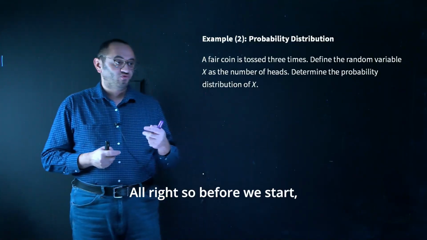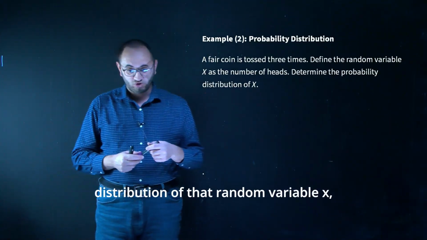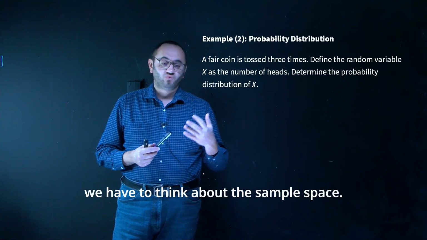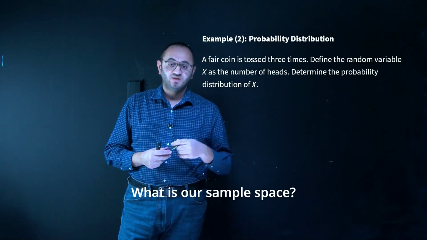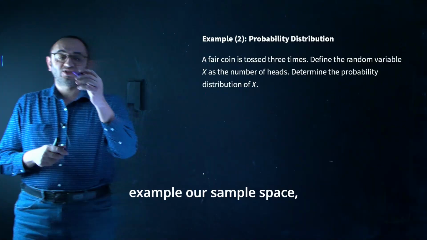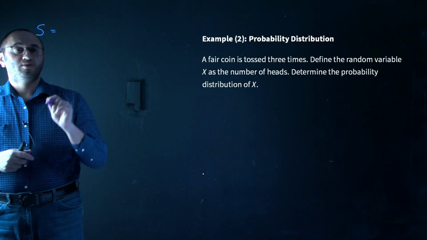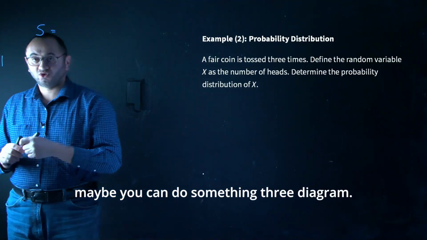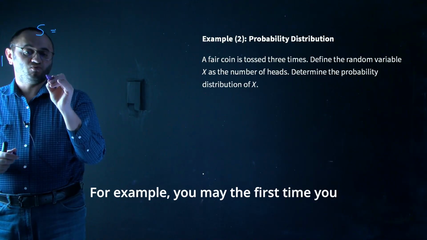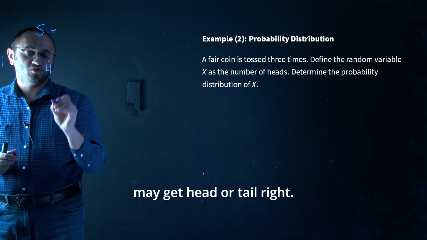Before we calculate the probability distribution of that random variable X, we have to think about the sample space. What is our sample space? Maybe you can do a tree diagram. For example, the first time you may get head or tail.